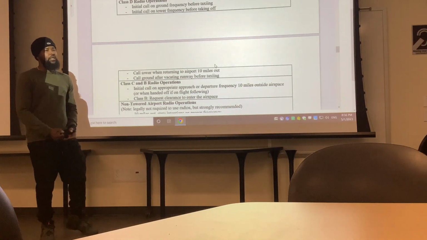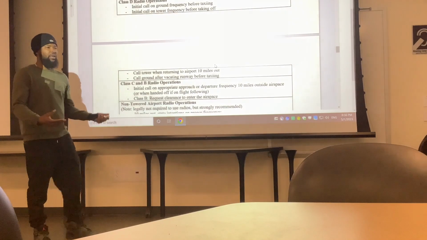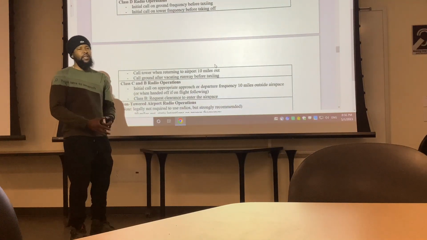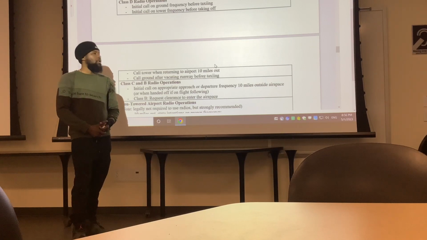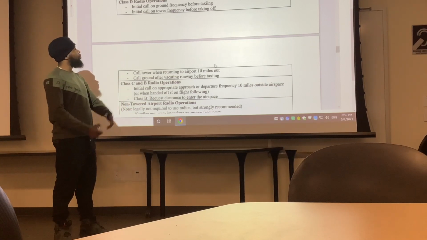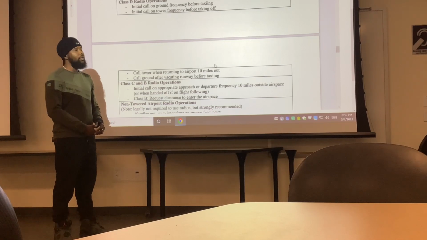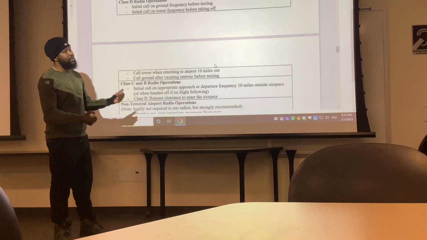How that happens, for example, is Purdue is a Class Delta during the active times of the Class Delta, and so I would contact ground, let's say, Lafayette ground, Purdue 5 is outside Hangar 5 with information Alpha, ready to taxi. So I have to let ground know what I'm doing.